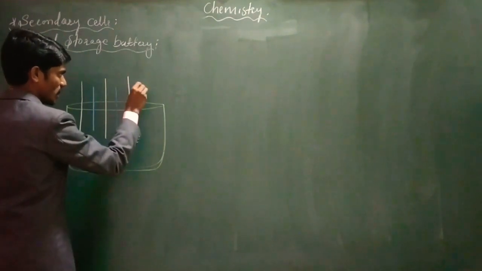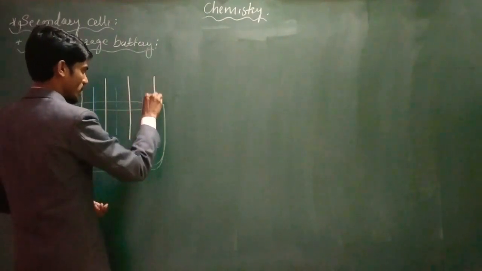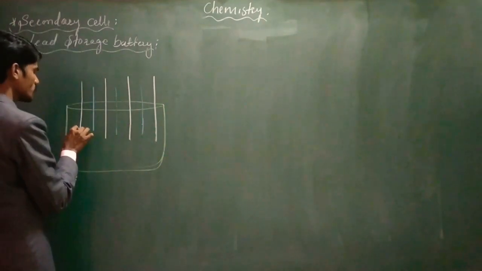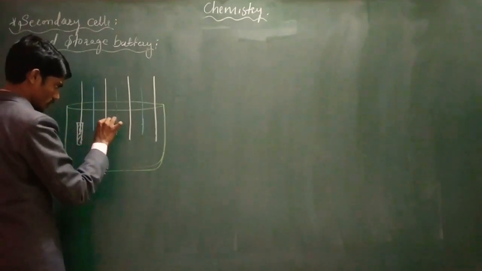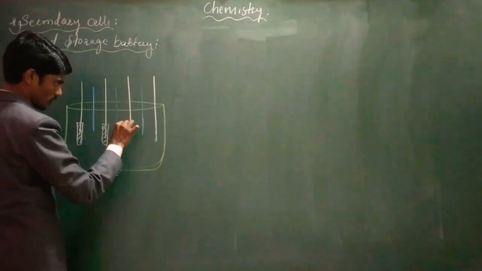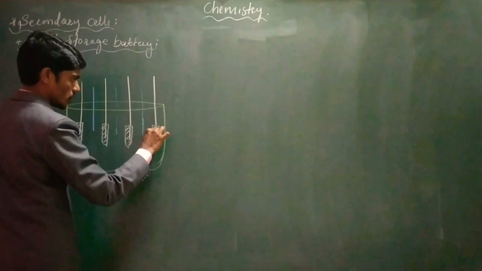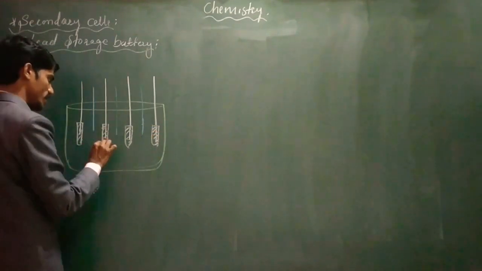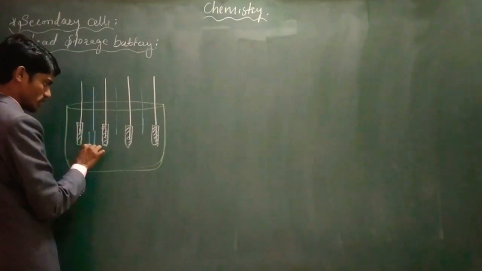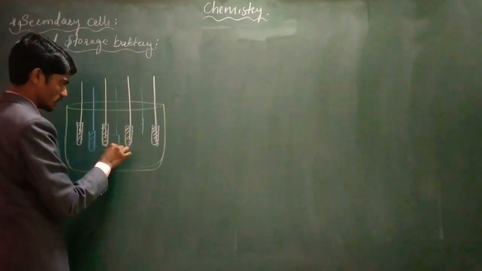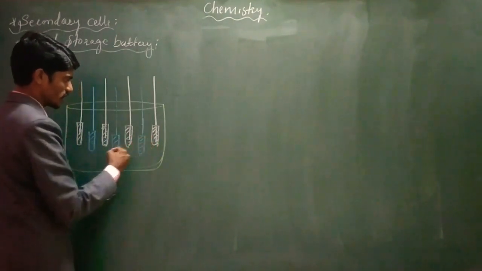Lead acts as anode, whereas lead oxide acts as cathode. The anode is a grid of lead packed with finely divided spongy lead, and the other one is lead oxide which acts as cathode, and these are dipped in the electrolytic solution.